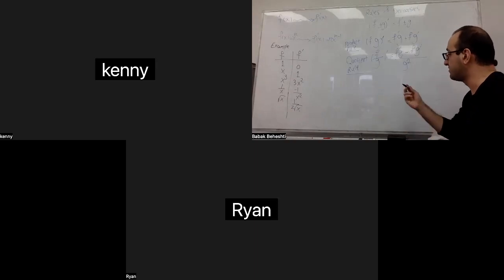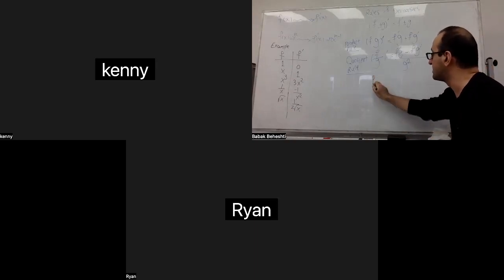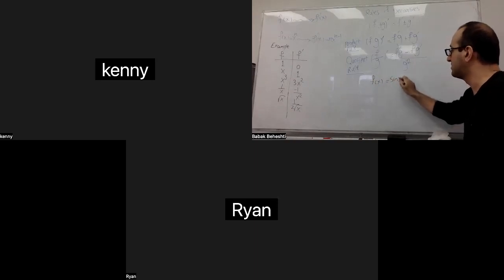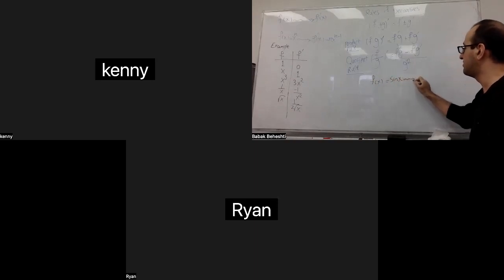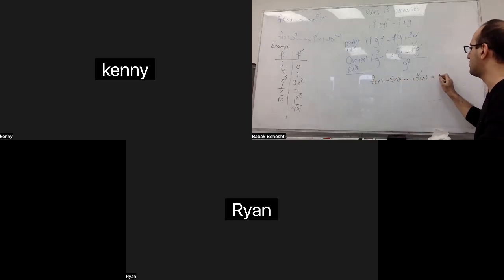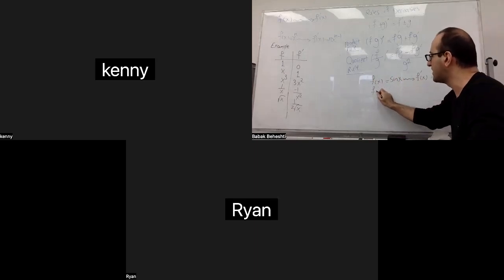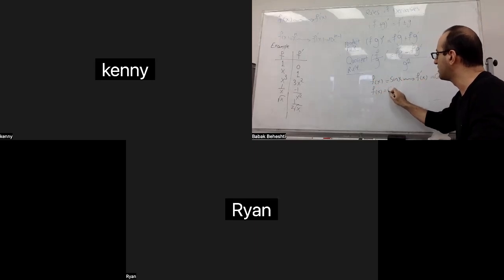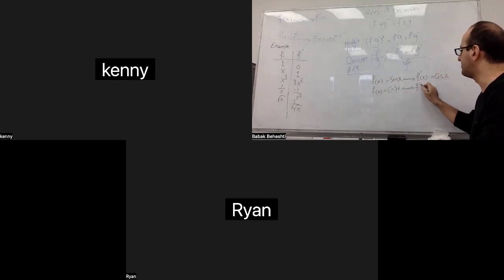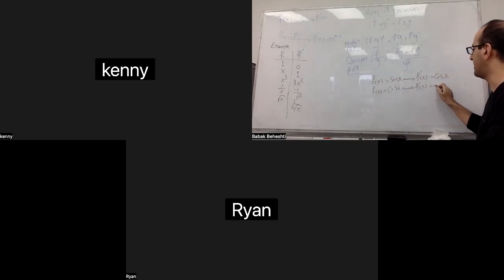We learned that, for example, if f of x is sine x, then the derivative f prime is, do you know what the derivative of sine is? It's cosine of x. For cosine, the derivative would be minus sine.